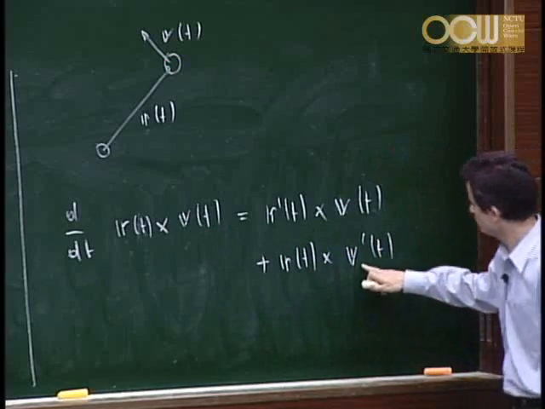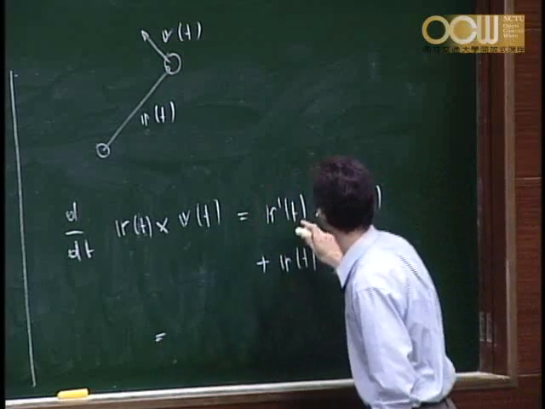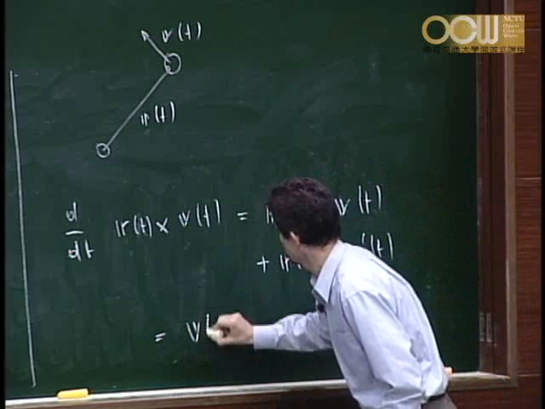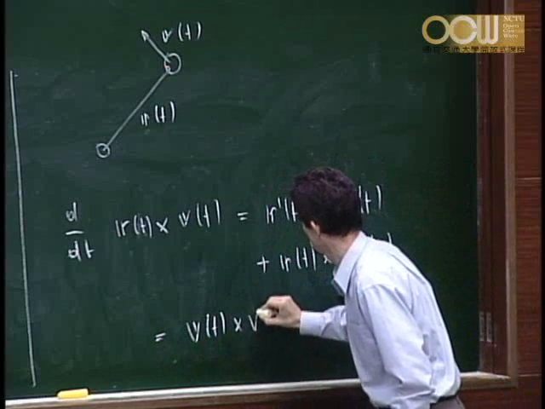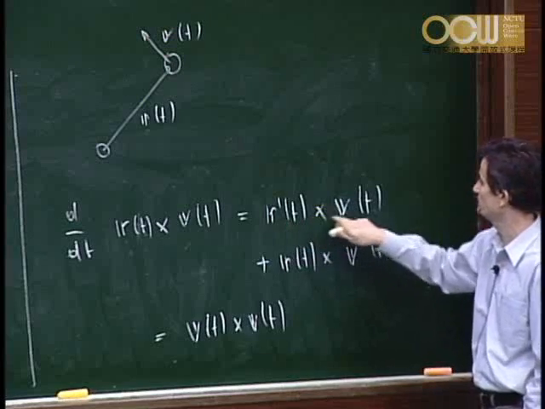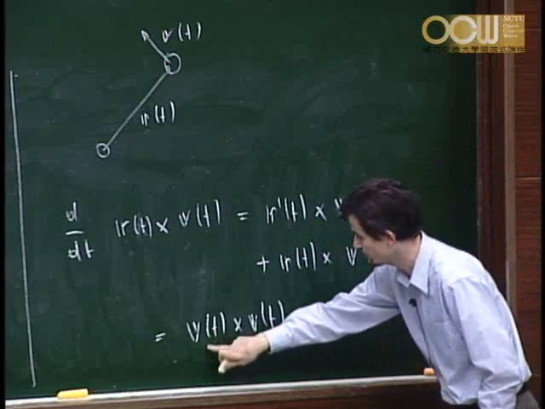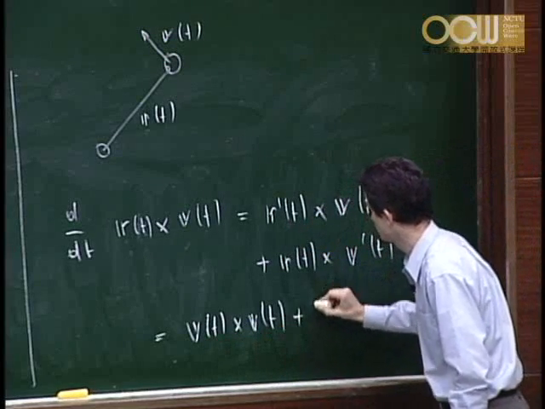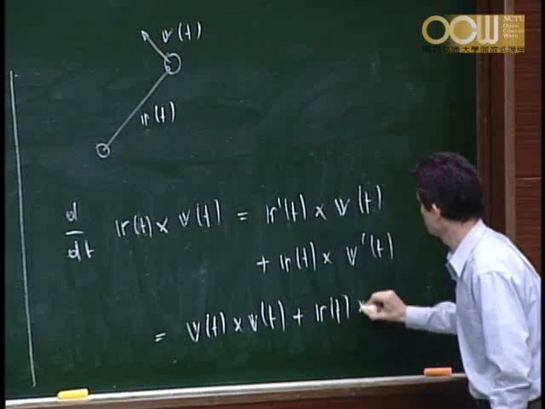You can write this as, because this becomes the velocity, the cross product between the velocity and itself, plus this here becomes the acceleration.